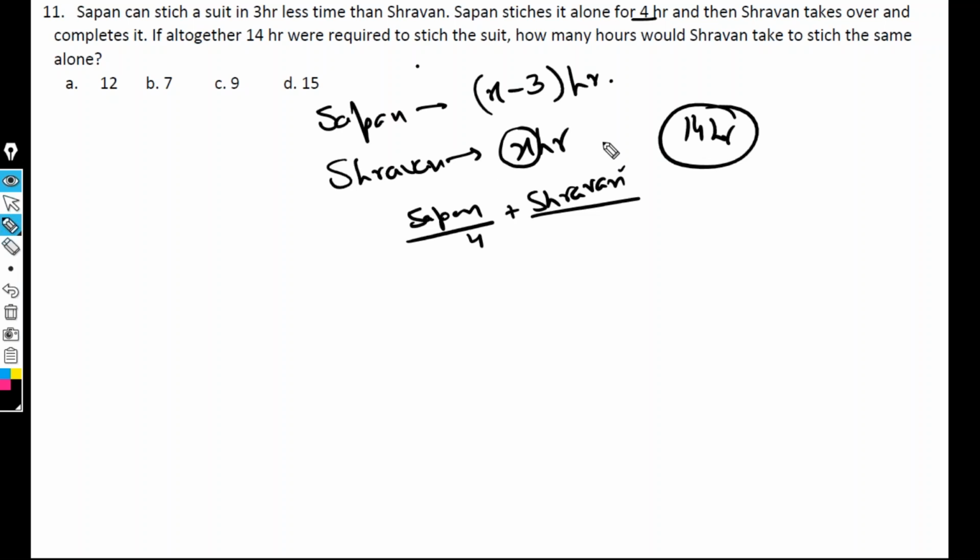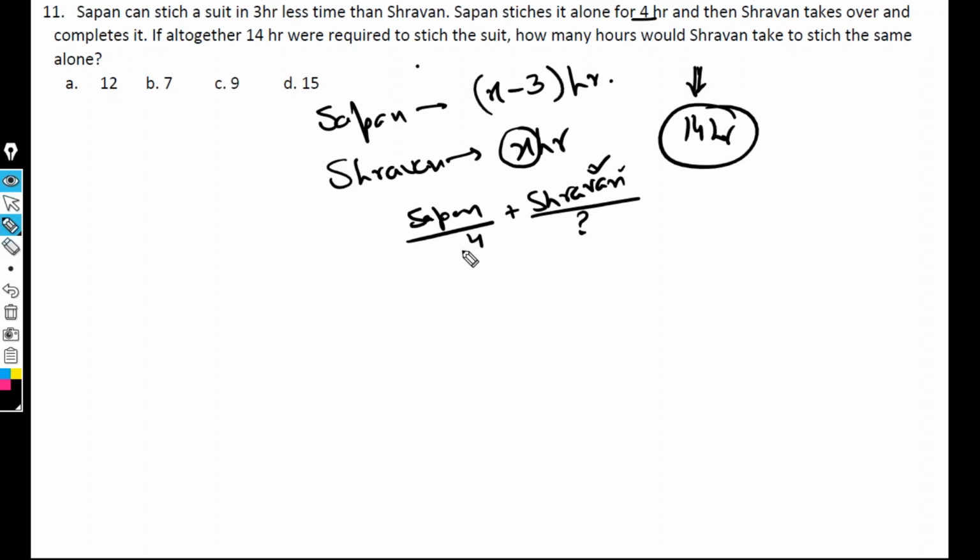So guys, tell me, if it takes 14 hours to stitch the suit, can you tell me for how many hours Shravan has worked? Come on guys, be quick.